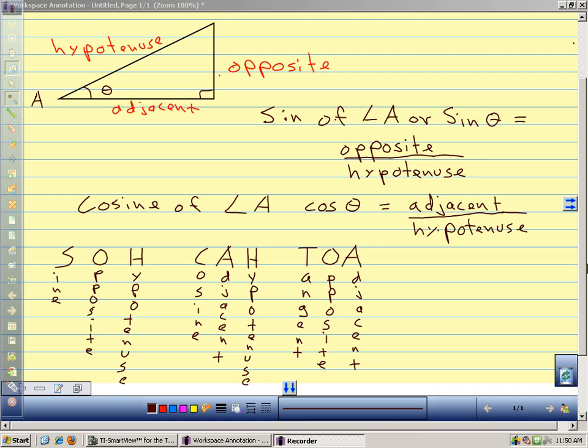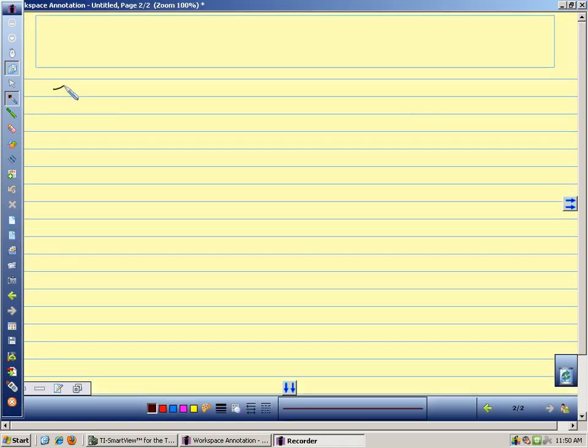So when we're working with sine and cosine, it's just like we did with tangent ratios. If we know the sides of the triangle, all we have to do is write our ratios to find the sine or the cosine. So let's look at an example where we know the sides of a triangle and we'll calculate our sines and cosines. So here is our triangle.